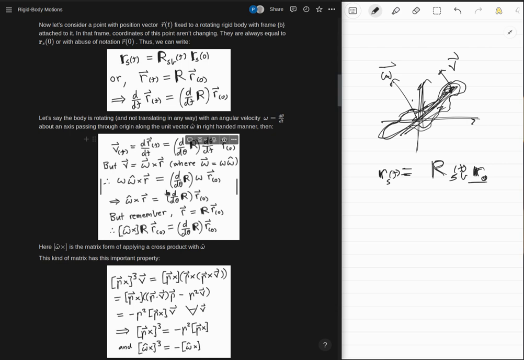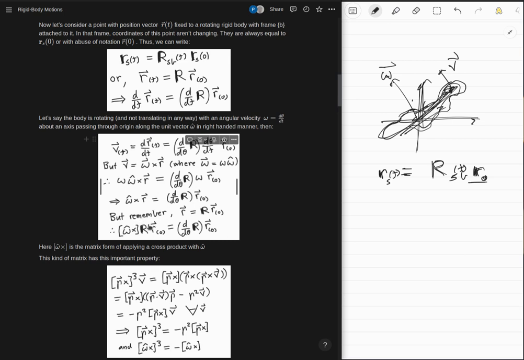You can look that up; just search cross product as a matrix and you'll probably find it. I've used that in my videos before, when I had to find the inertia tensor. Anyway, I'm assuming you already know that and you are up to date.